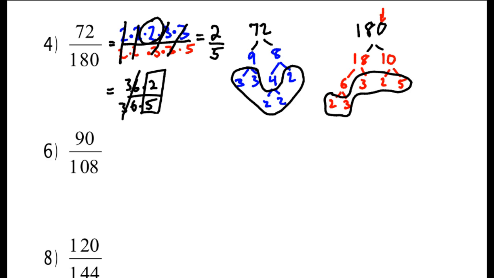Question? Will there ever be a chance where you can't simplify it? Well, like 8 over 9. If you try doing 8 over 9, you get 2 times 2 times 2, and 9 would be 3 times 3. So yeah, that would not simplify.